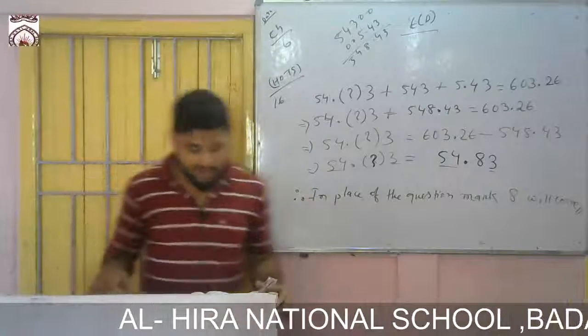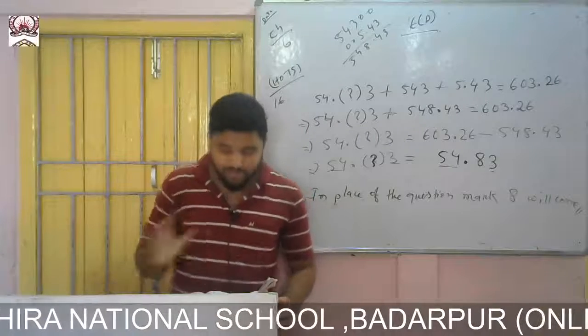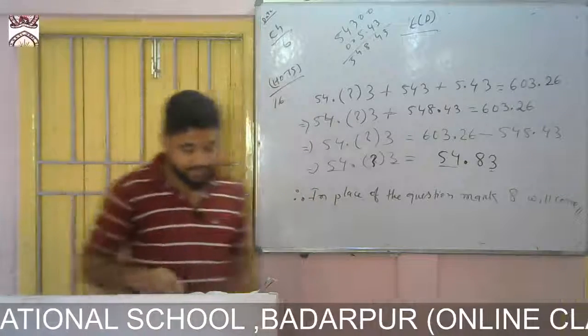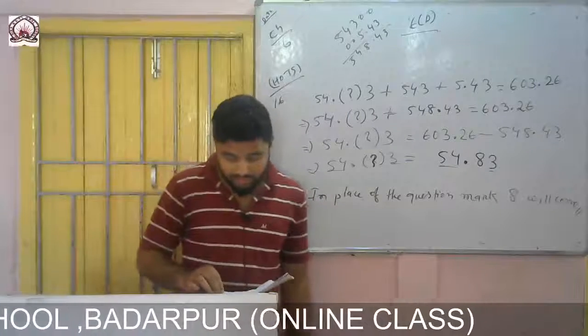So the question asked is: the perimeter is given, so what will be the length of one part? I need to find it.